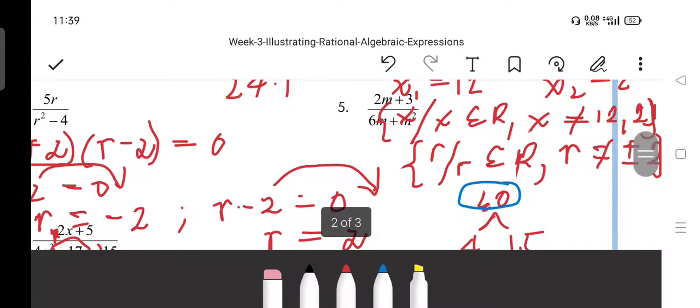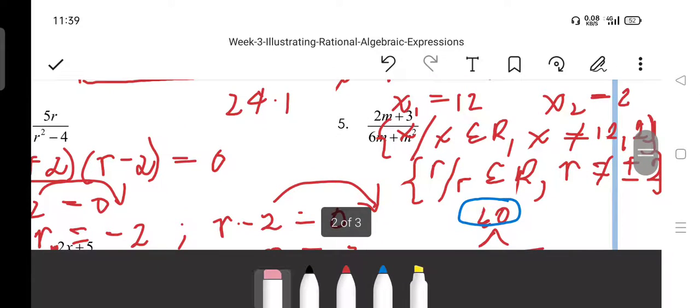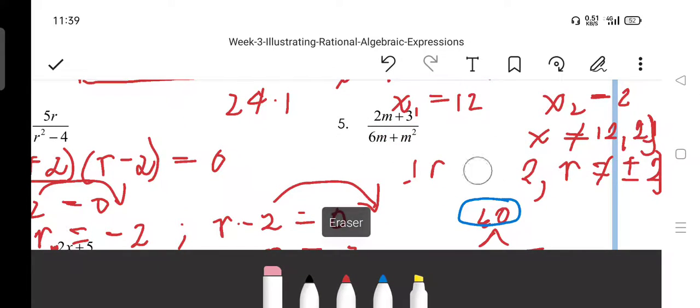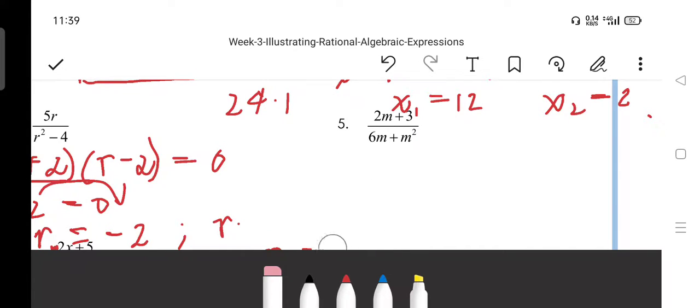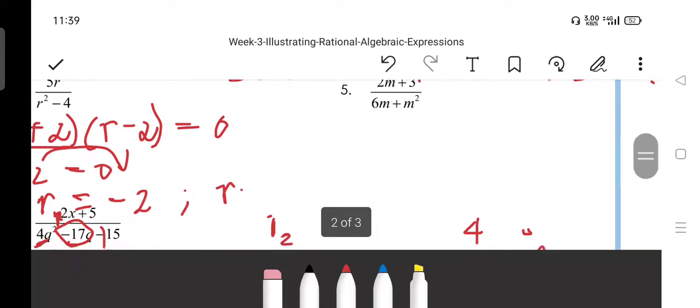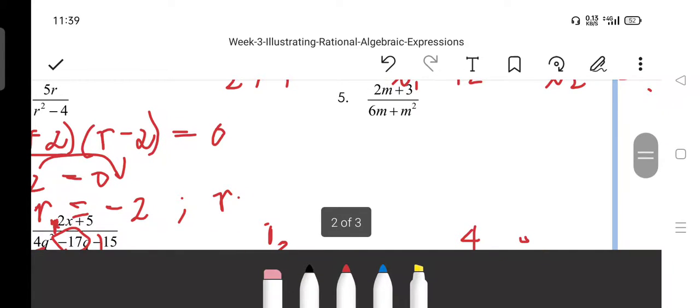Okay, and for our last problem, let's erase this. For number 5, this is quite easy.